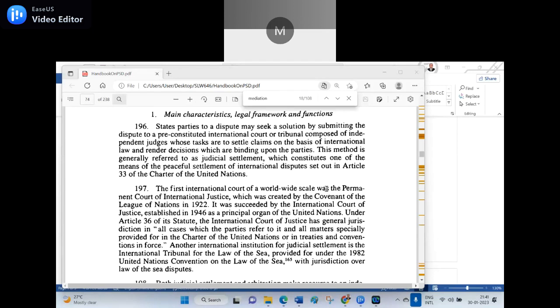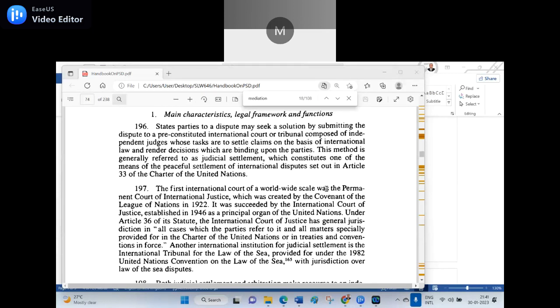Article 33 clearly shows a peaceful and amicable settlement could be done through the judiciary by virtue of Article 33 of the UN Charter. Is it clear?